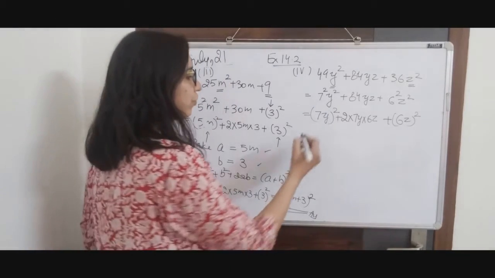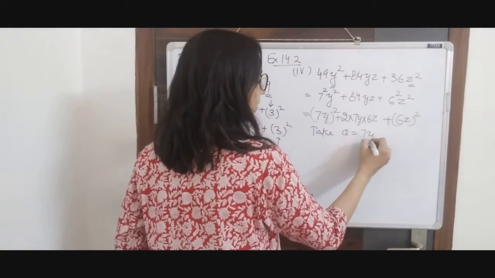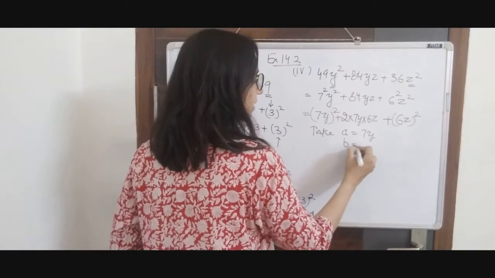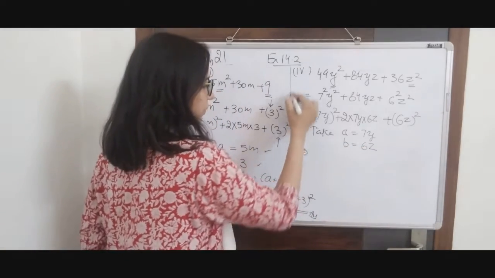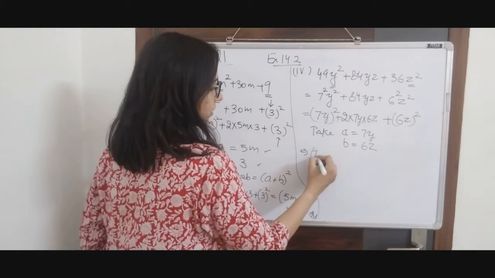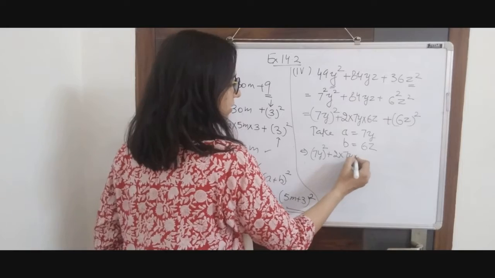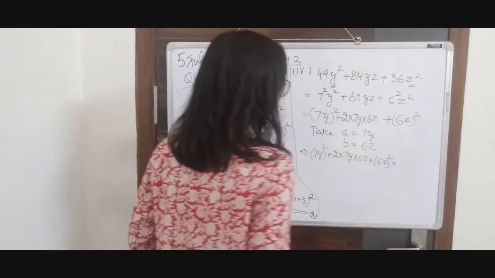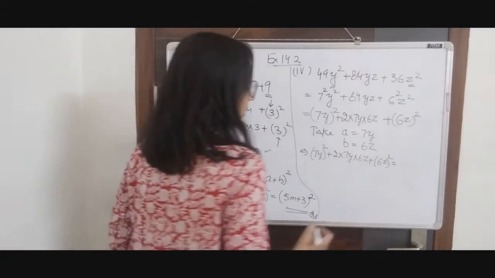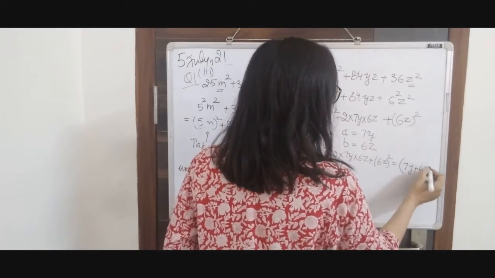It is correct. So we will take our a as 7y and your b as 6z. This implies your given expression, which was (7y) whole square plus 2 into 7y into 6z plus (6z) square, will be equal to (a plus b) whole square, that is (7y plus 6z) whole square.